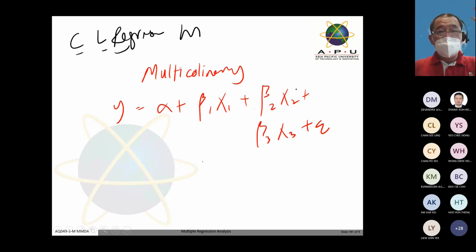If this does not hold, you get the problem of multicollinearity: there is some relationship between the independent variables x1, x2, x3.